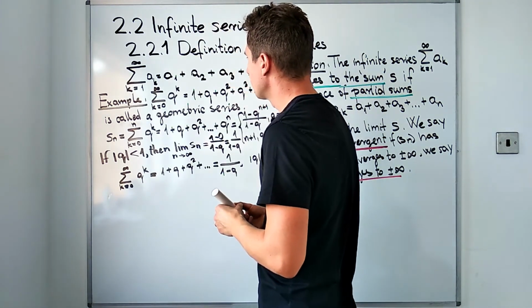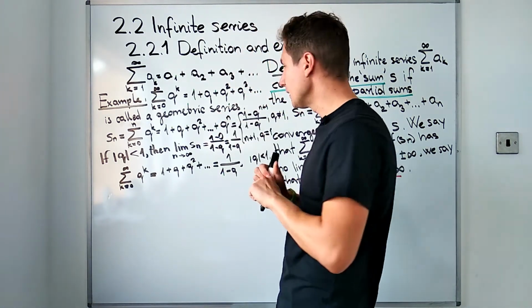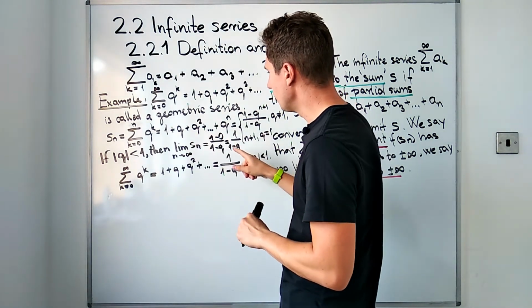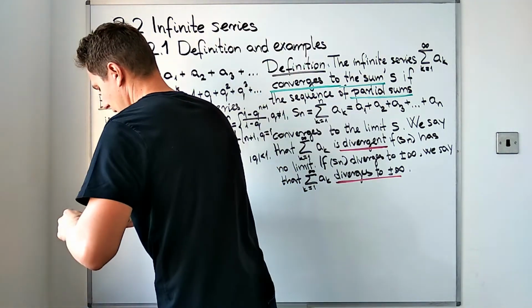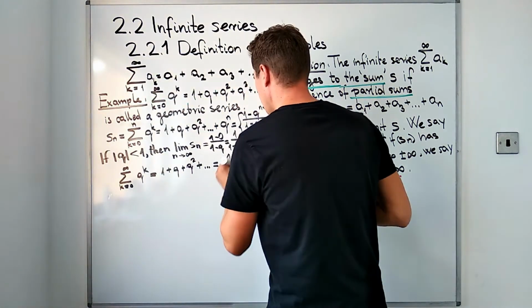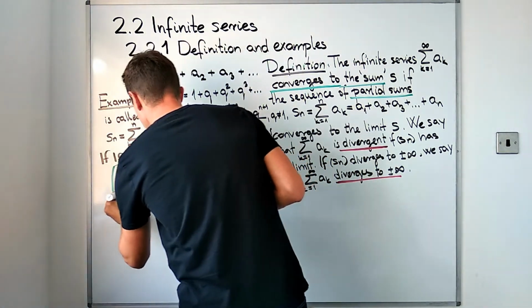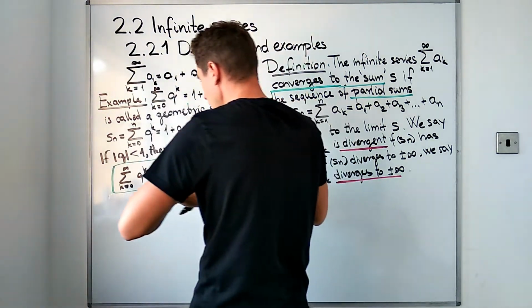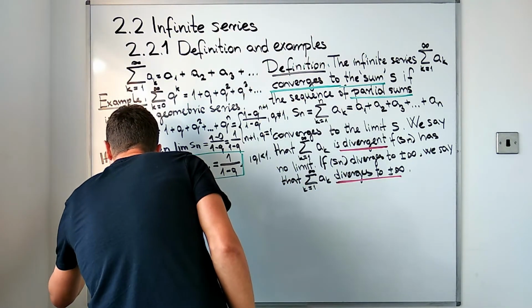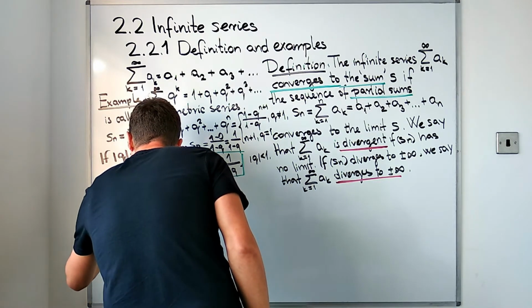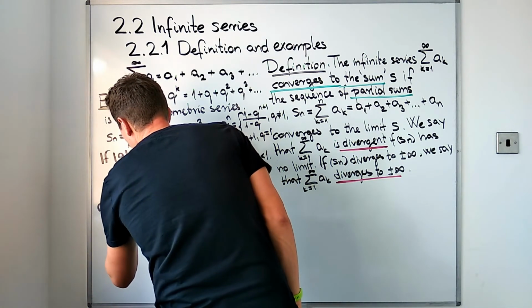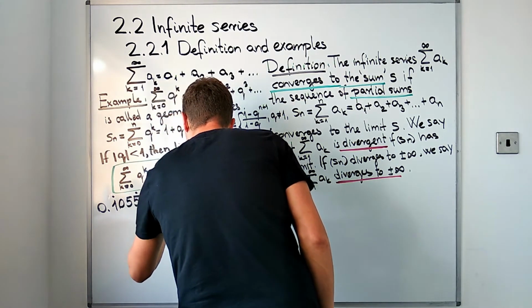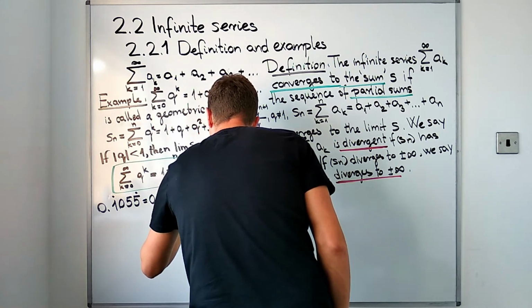Okay, so let's test your understanding. So what I would like you to do is now to use this formula that we have here for the geometric series, and I will give you an infinitely repeating decimal, 0.1055 infinitely repeating, meaning 0.1055, 1055, 1055, and so on.